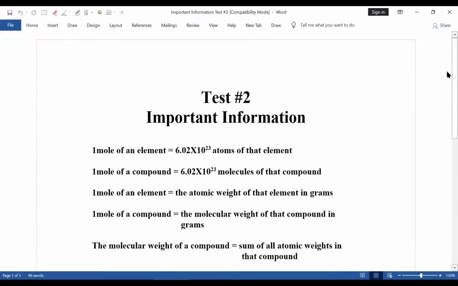That is, 1 mole of an element equals Avogadro's number in atoms. 1 mole of a compound equals Avogadro's number, 6.02 times 10 to the 23rd, molecules of that compound. And remember, this is a calculated number, so 6.02 times 10 to the 23rd is 3 significant figures.